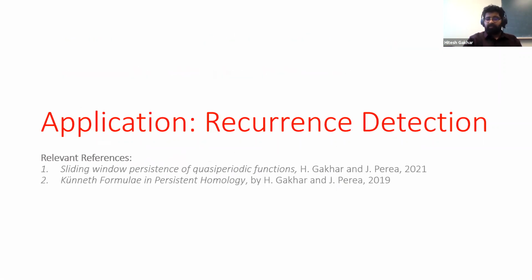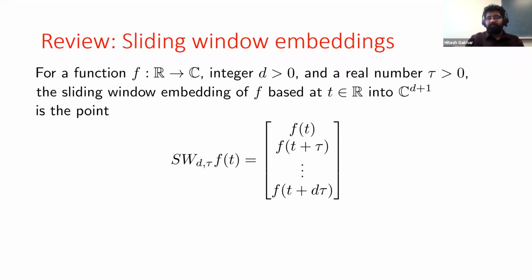Okay, so we talked about recurrence detection last time, and we learned about sliding window embeddings. A sliding window embedding for a given function f at a given point t, an integer d and a real number tau is this vector.